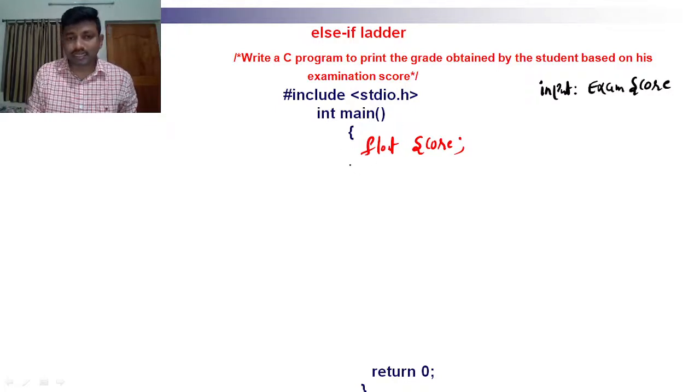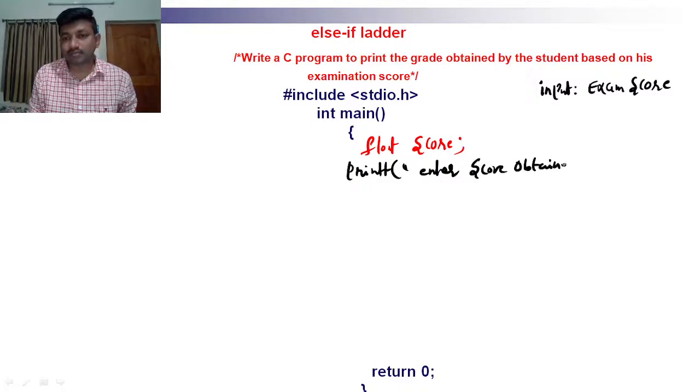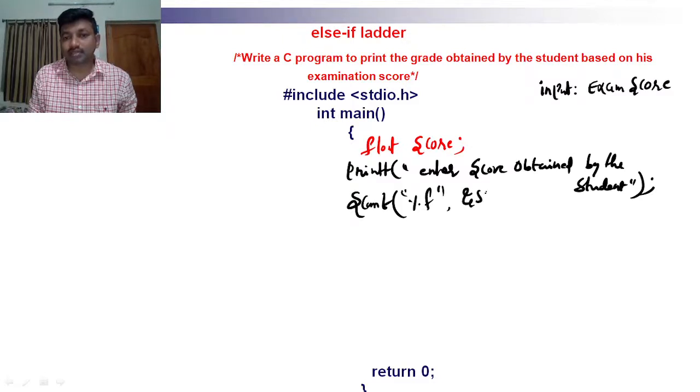So let me scan it. So simply print, enter the score obtained by the student. Let me scan it because I said it is float. How do I scan? Percentile f because it is a real number, ampersand score.